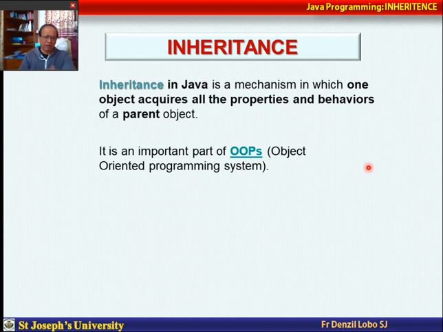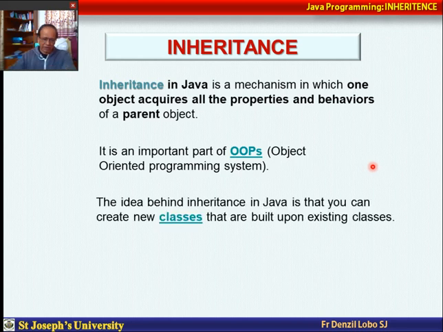It's a very important concept of object-oriented programming. Like polymorphism, inheritance is one important part of object-oriented programming. The idea behind inheritance in Java is that you can create new classes that are built upon existing classes.